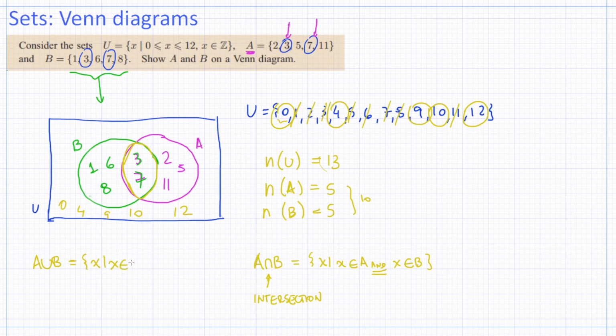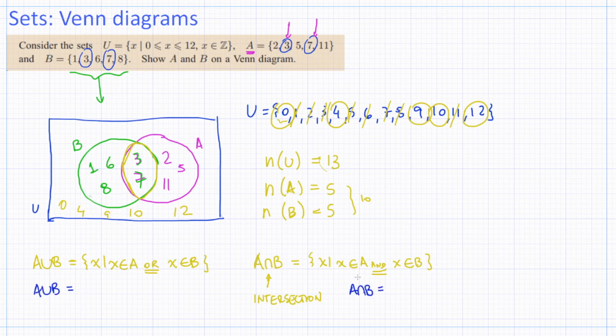So X is an element of A, so it's a member of A, or X is an element of B. If it's in either of those sets, we would have it in our union.